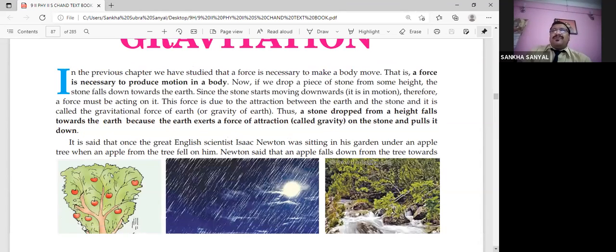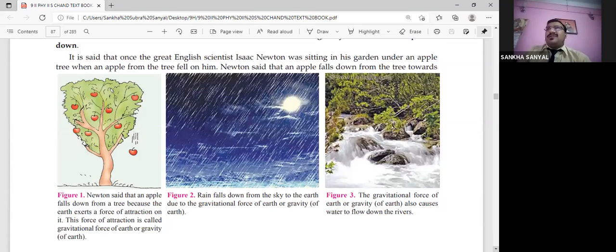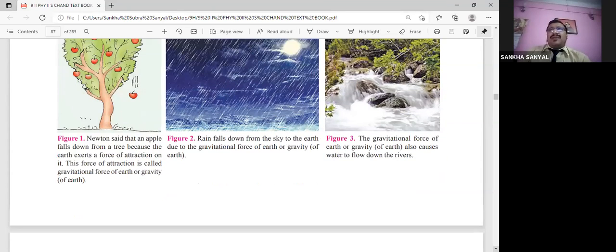But before we start doing anything, we'll talk about the universal law of gravitation as it was put forward by Sir Isaac Newton. Can you see this apple tree? Or maybe the rain? Or maybe the flowing water in the rivers? All are moving in the same direction, downward.